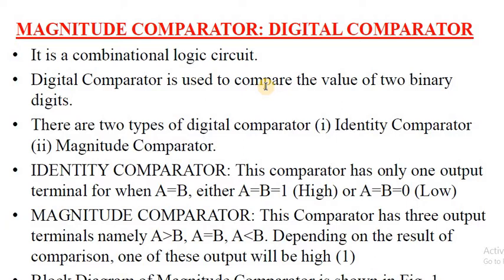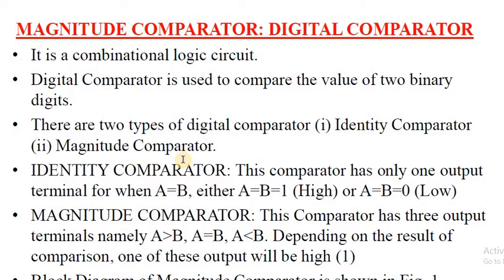There are mainly two types of digital comparator. First is the identity comparator and second is the magnitude comparator. In our syllabus for the digital system design course, the magnitude comparator is mentioned. Therefore, we are going to discuss the magnitude comparator.